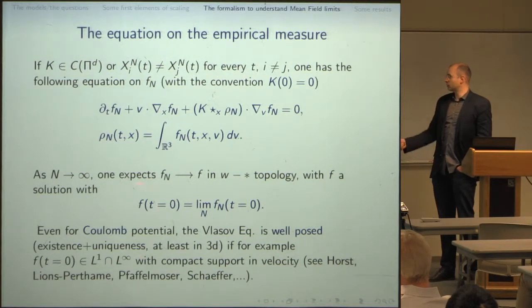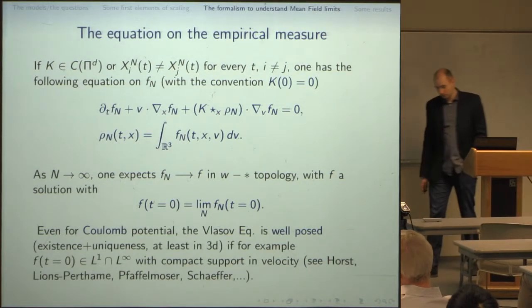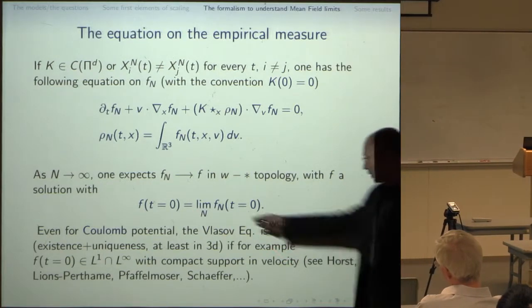So this is what I was saying. What you are expecting is that in some weak topology, you have convergence, and you have convergence to a solution of that equation with an initial data which is the limit of the initial data. And so I can even formulate the problem.